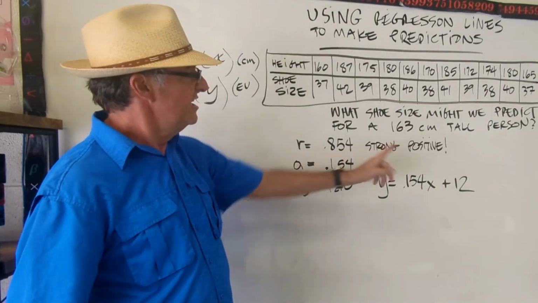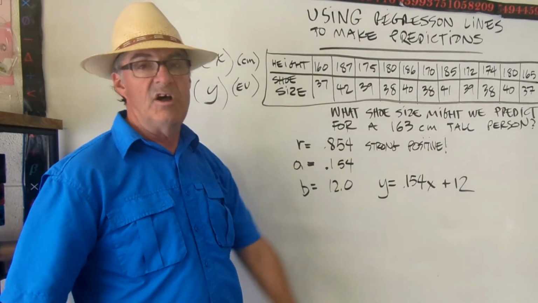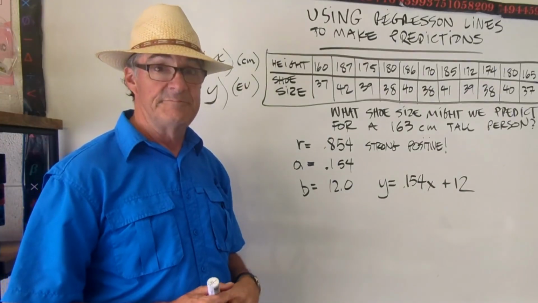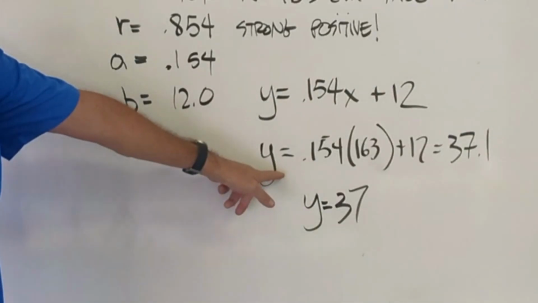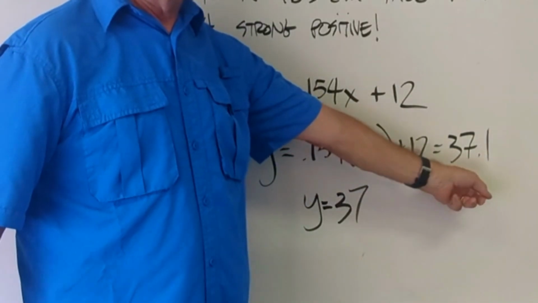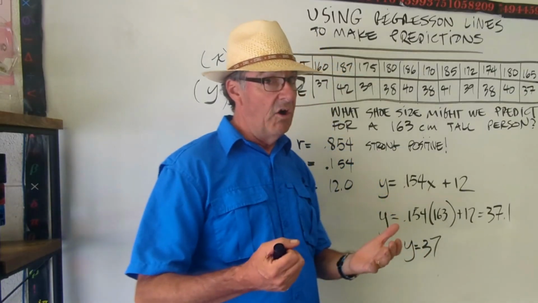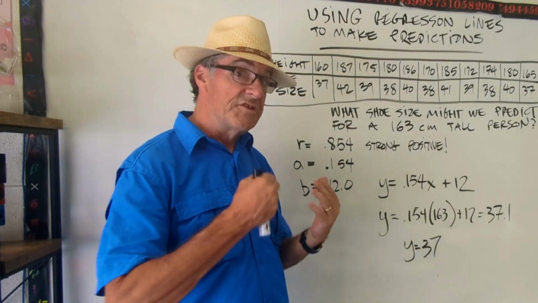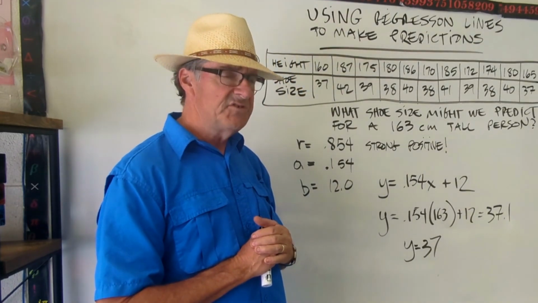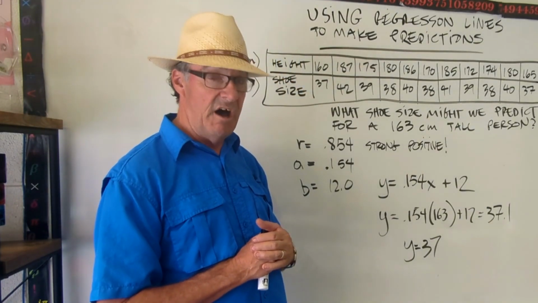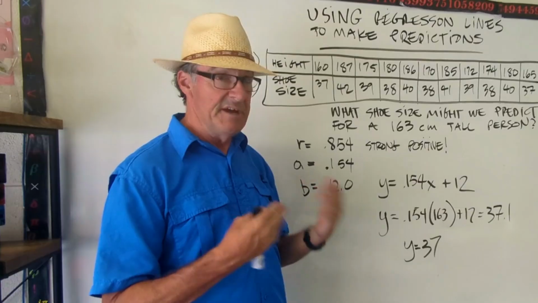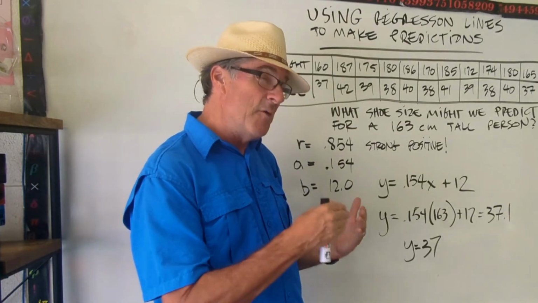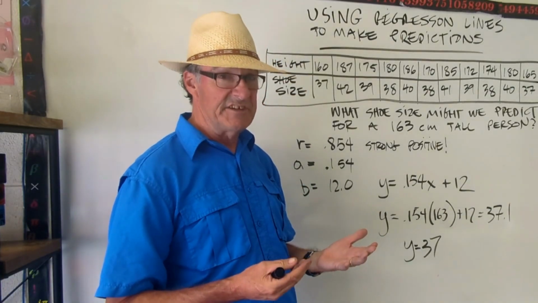Now what I want you to do is pause the video and answer the question. What shoe size is a 163 centimeter tall person likely to have? All right, so I did my plug-in step here, did my math, I got 37.1 for my shoe size. Now, we know there is no 37.1. So with shoe size, you're most likely just going to round up, because if you're a little bit bigger than a 37, it doesn't matter how much bigger, you're going to need the next size up.